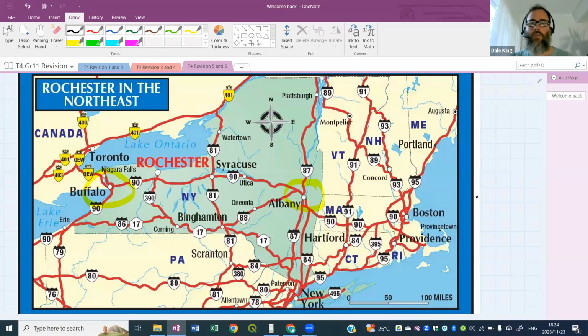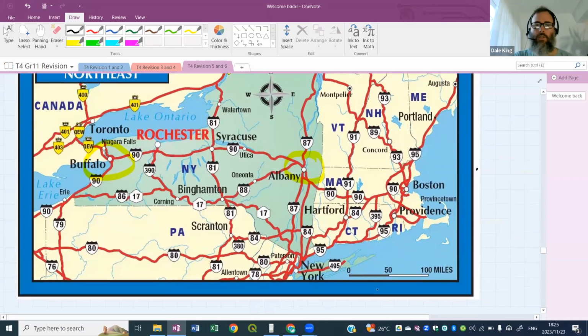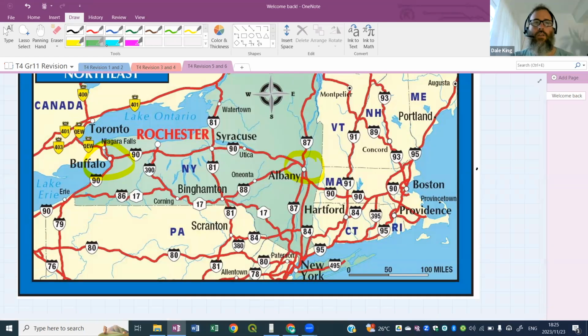Now I've got to give you that 7.5. So on the line scale at the bottom here, if you get given this map and you are told to use this scale, you've got to take your ruler and actually measure this line here at the bottom, right?